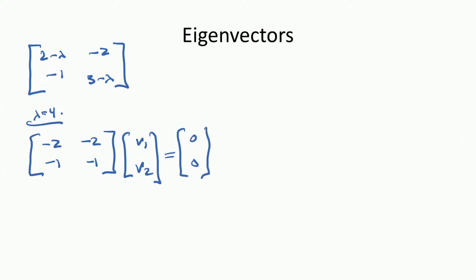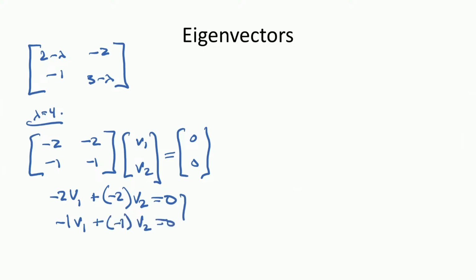And so if you're not familiar with linear algebra, the easy thing to do here is just to think in terms of, these are coefficients for an equation. And the equation that you're going to write down is just coefficient times the first part of the vector plus the coefficient times the second one is equal to 0. And then the second equation is -1 v1 and -1 v2 is 0.